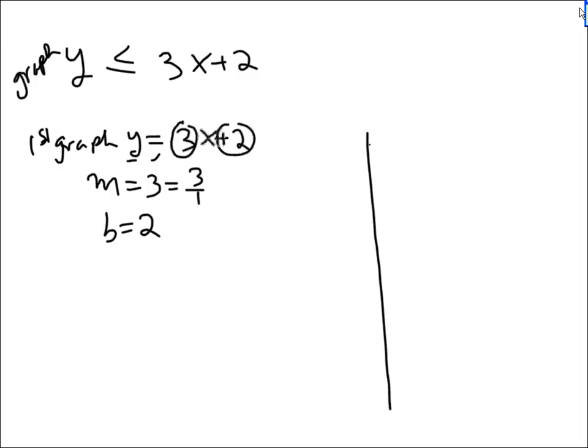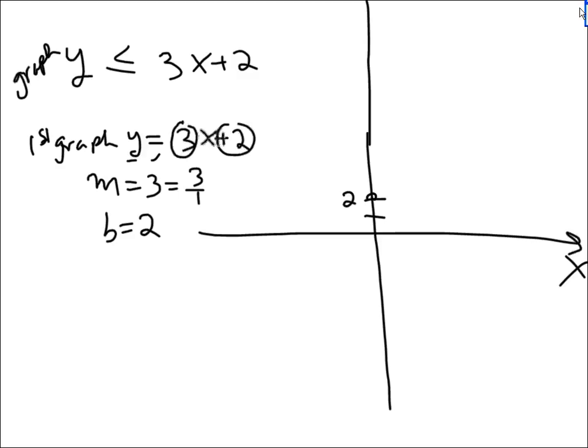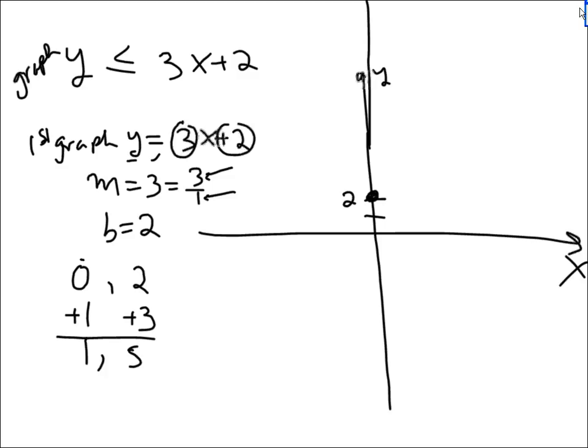I go to my y-intercept, which is 2, right here. That's my point. And this time we'll do it a little bit differently. If the y-intercept is 2, that means (0, 2). So 3 is the change in y, you add 3 to the y, and 1 is the change in x, so you add 1 to x. 0 plus 1 is 1, 2 plus 3 is 5.